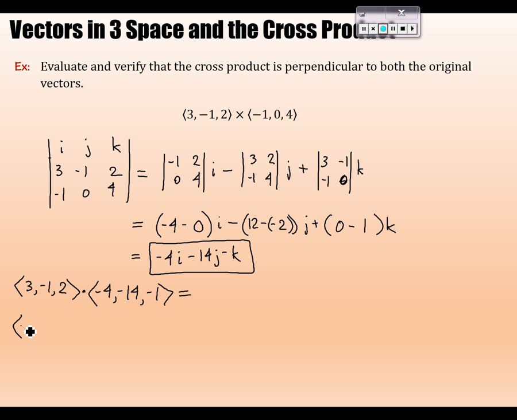Check. And I want to also check the dot product of -1, 0, 4 with our vector, because I claimed this would happen. Let's see if this would be a good confirmation that we did it right, too. -12 plus 14 minus 2. All right, this should equal 0, too.